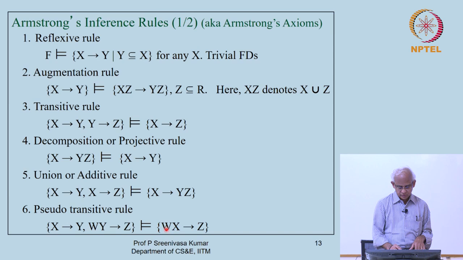If you start off with wx, if two tuples agree on wx, since they agree on x, they will agree on y, and since w is already there, they agree on wy, and it is given that they then agree on z. So you can see that if they agree on wx, they will actually agree on z.